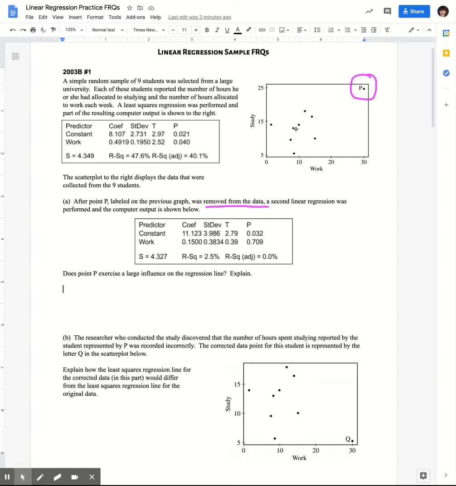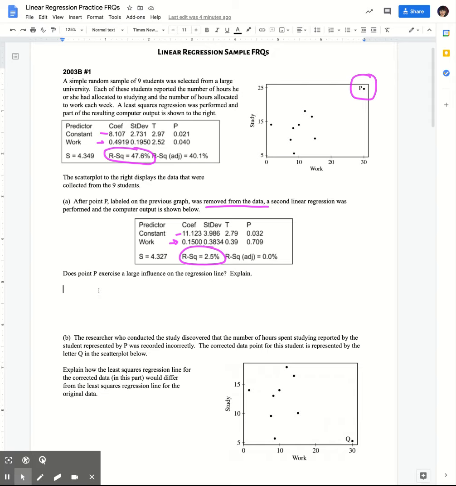Which you can see in the Minitab outputs. If you compare the y-intercepts, it was 8.1 and now is 11.1. Slope changes from 0.49 to 0.15, so definitely decreases. And then the biggest change is here in the R squared value. It drops to almost 0.